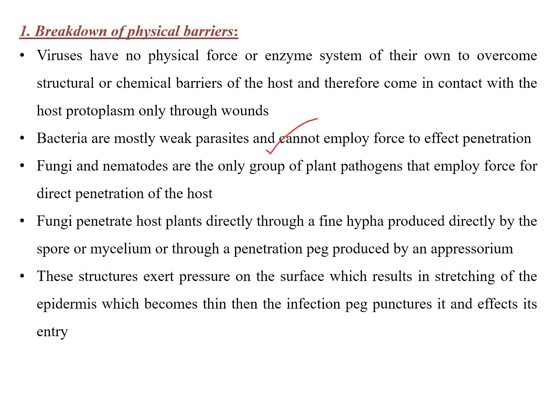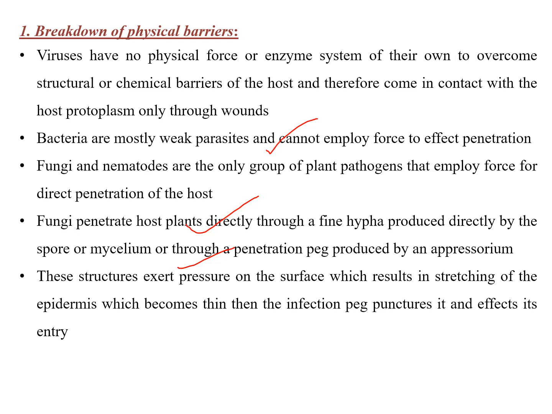Fungi and nematodes are the only groups of plant pathogens that employ force for direct penetration of the host plant. Fungi penetrate the host plant directly through a fine hypha produced directly by the spore or mycelium, or through a penetration peg produced from the appressorium.